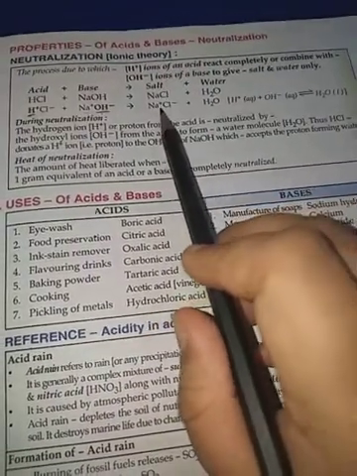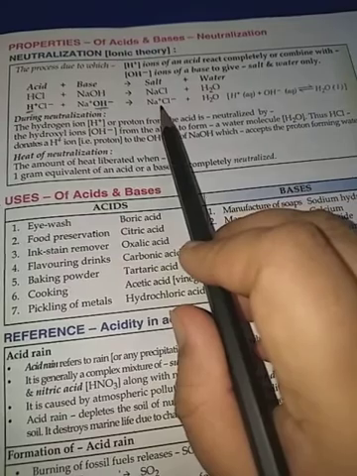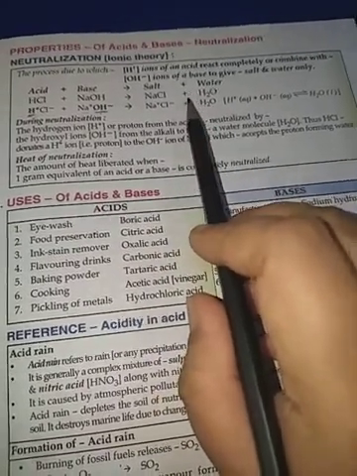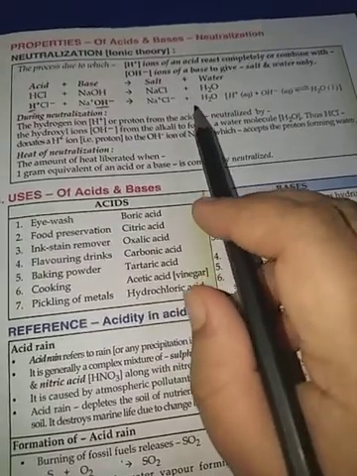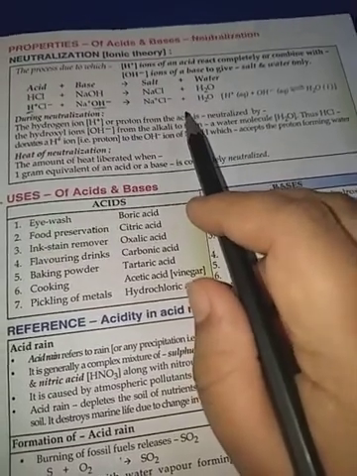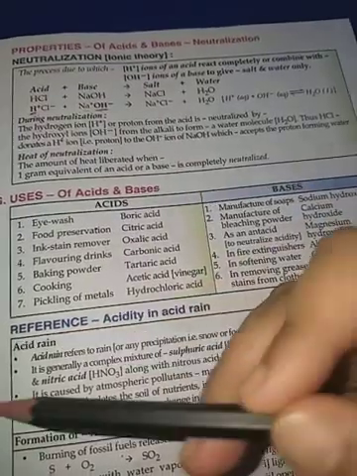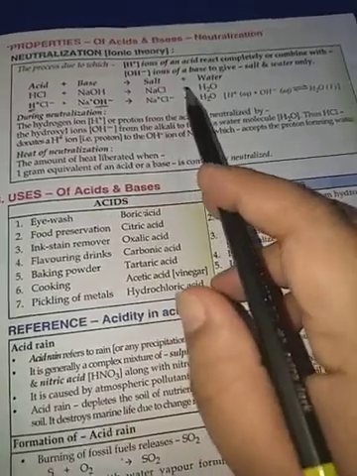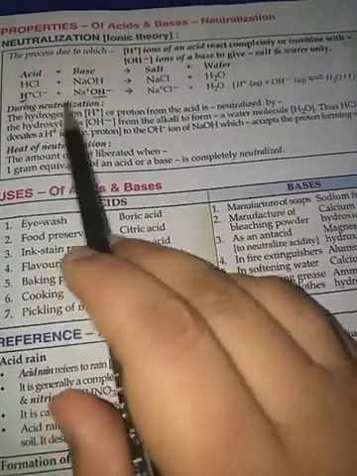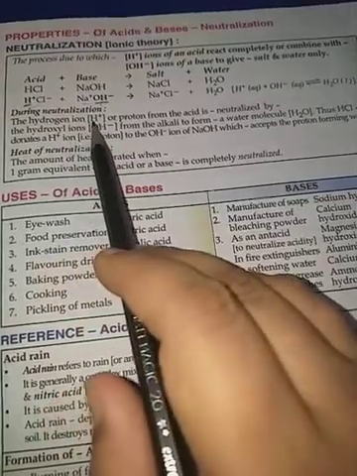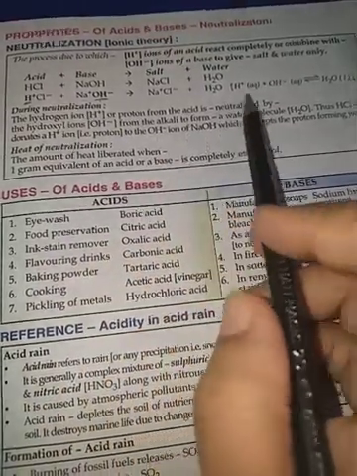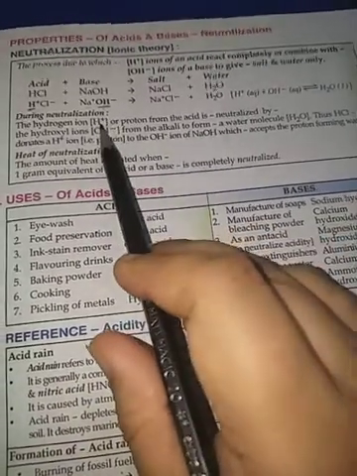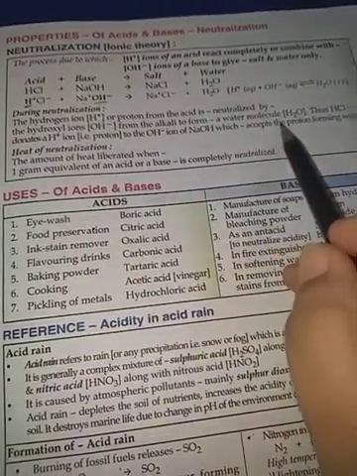Such reactions are called neutralization reactions, and these are not precipitation reactions. We read double decomposition reactions in class 9. They are of two types: double decomposition precipitation reactions, which we have just read, and double decomposition neutralization reactions. During neutralization, the hydrogen ion H plus, or proton, from the acid is neutralized by the hydroxyl ion from the alkali, and they neutralize each other to form water.